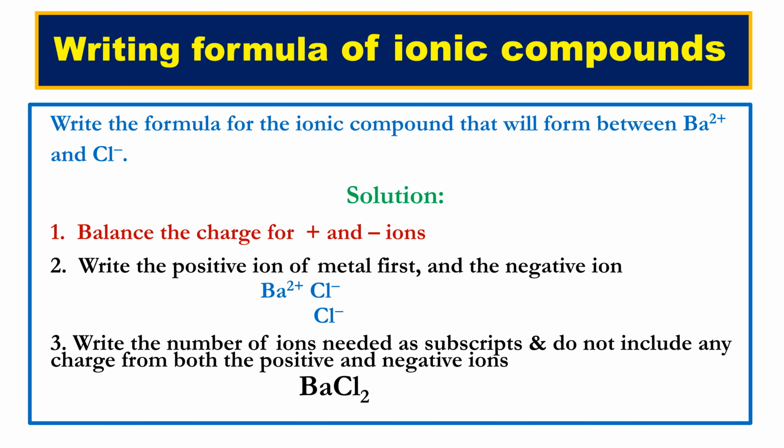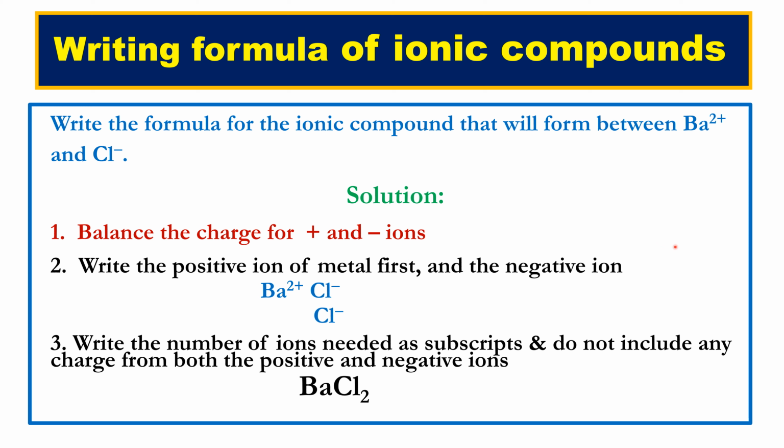We now look at how to write formulas of different ionic compounds. If you are asked to write the formula for the ionic compound that will form between barium 2 plus and Cl minus, the first thing you do is that you need to balance the charge for positive and negative ions.